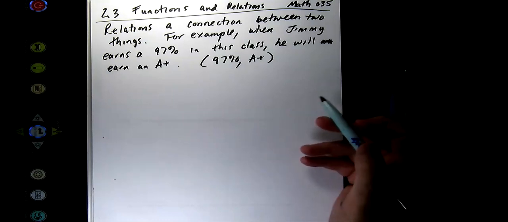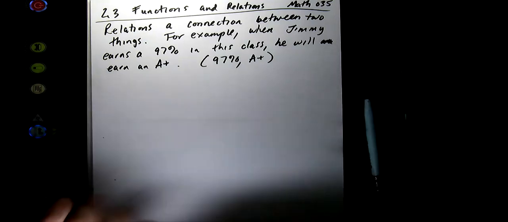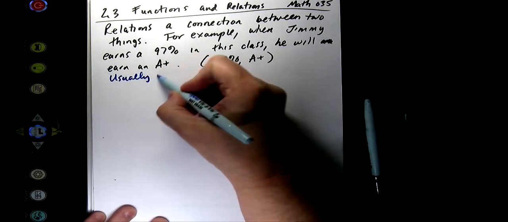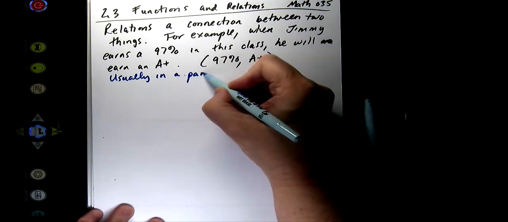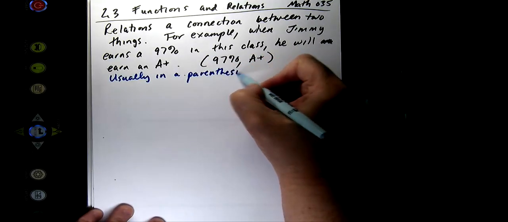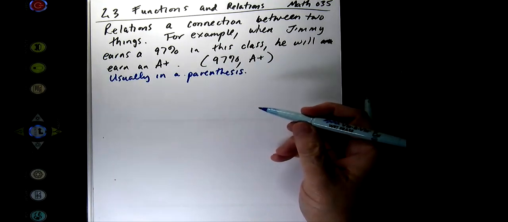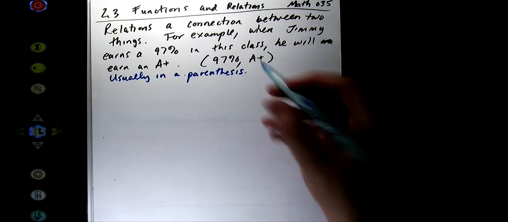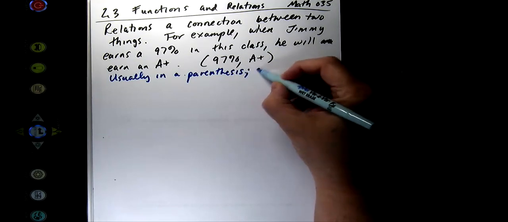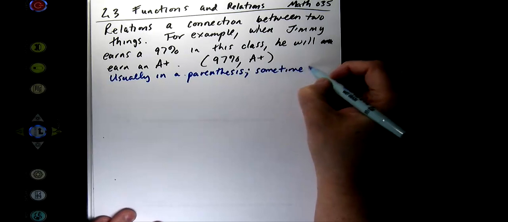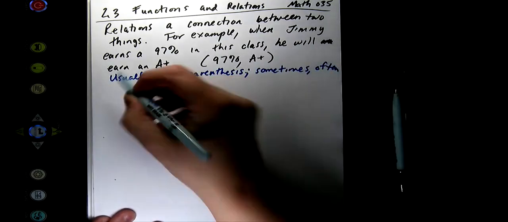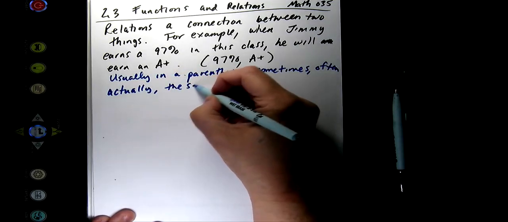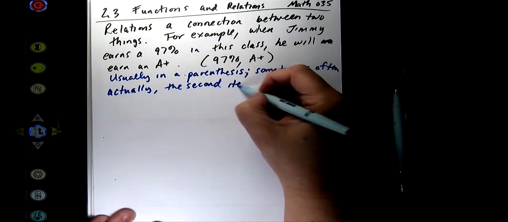So we usually show relations in parentheses. And sometimes, often actually, the second item is dependent on the first item.